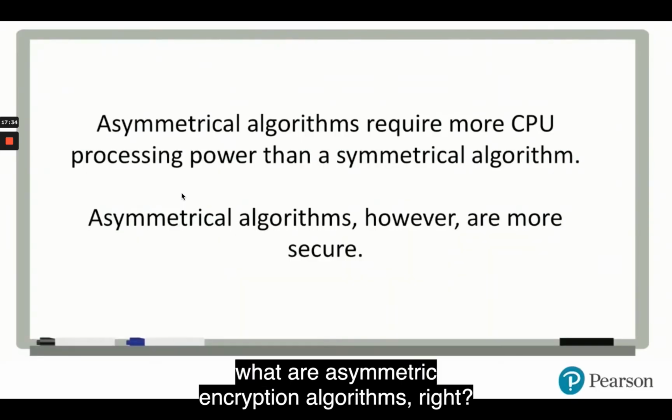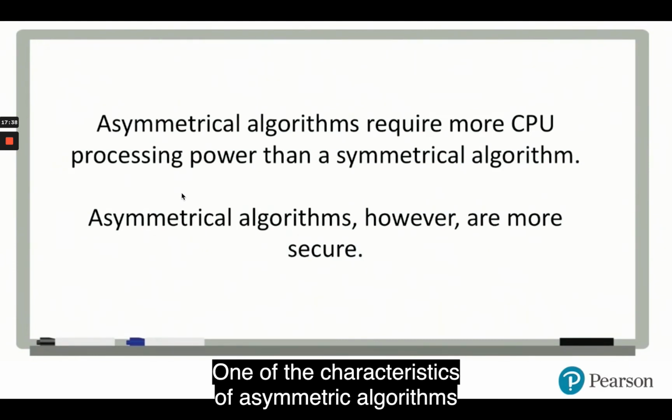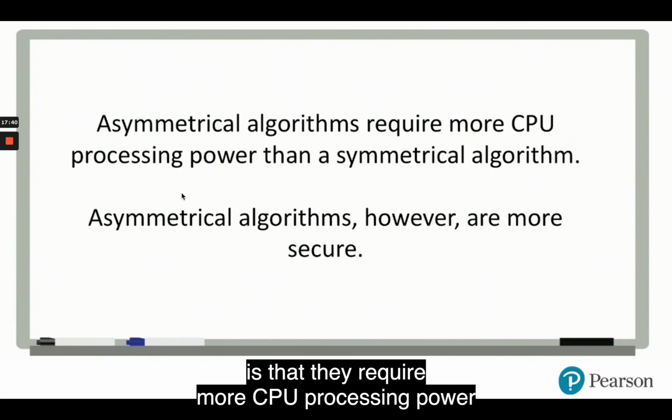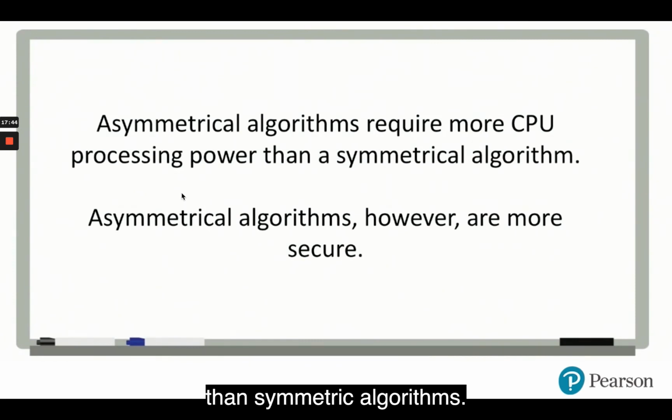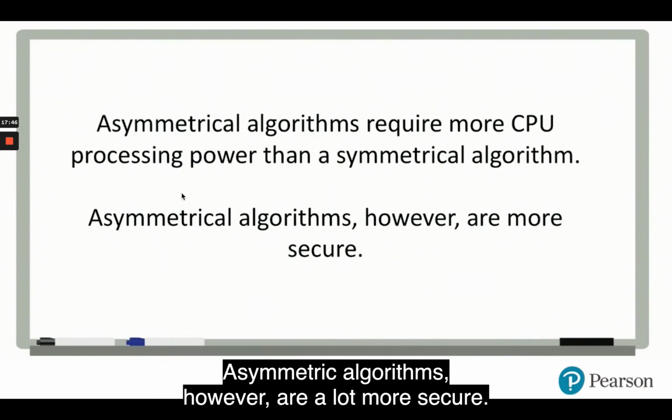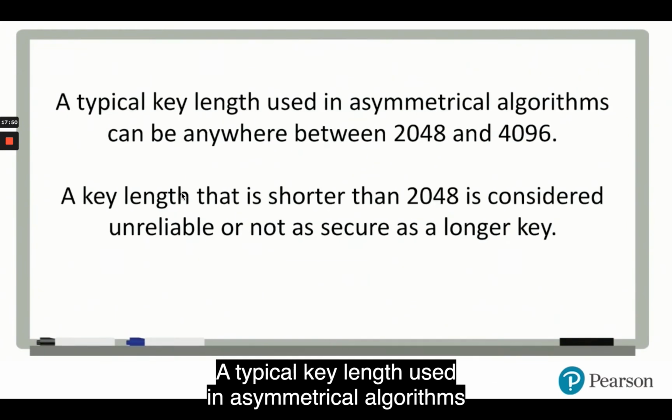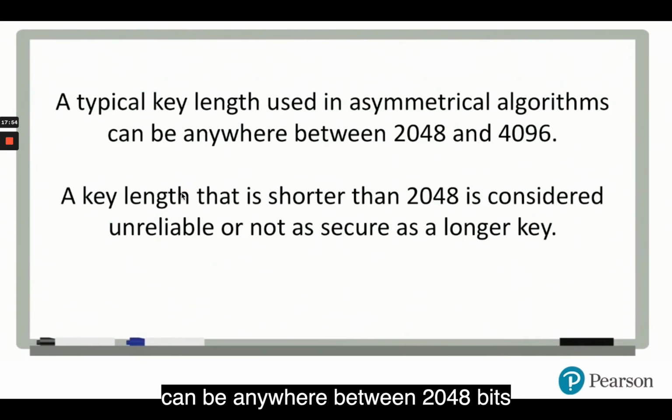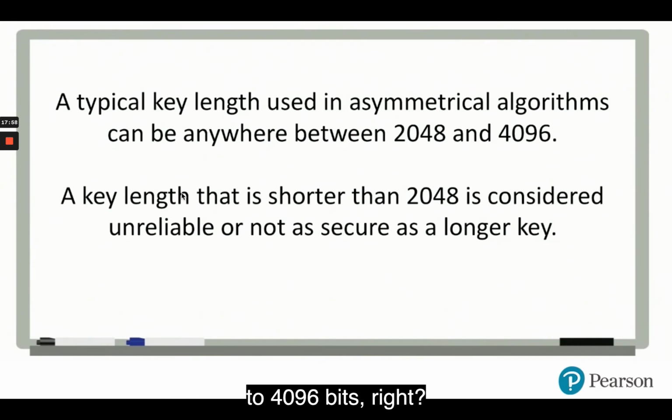Now let's go over what asymmetric encryption algorithms are, right? One of the characteristics of asymmetric algorithms is that they require more CPU processing power than symmetric algorithms. Asymmetric algorithms, however, are a lot more secure. A typical key length used in asymmetric algorithms can be anywhere between 2048 bits and 4096 bits, right?